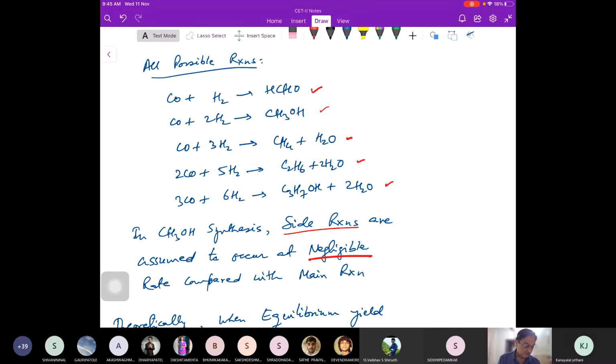So in this reaction, which is used for synthesis of methanol, side reactions are assumed to be negligible compared with the main reaction, because main reaction ये है हमारा, this is the main reaction, and others are all side reactions. तो जनरली ये होता है कि ये बनता है बट क्वांटिटीज आर वेरी स्मॉल, मेन रिएक्शन की क्वांटिटी ज़्यादा रहती है.